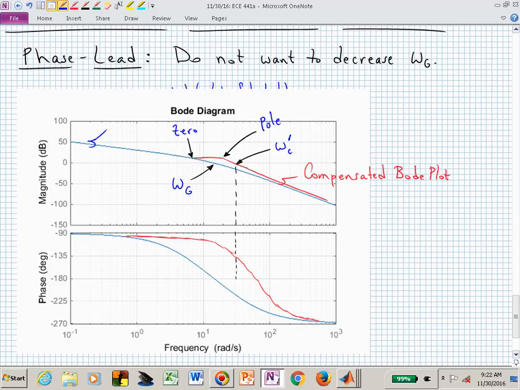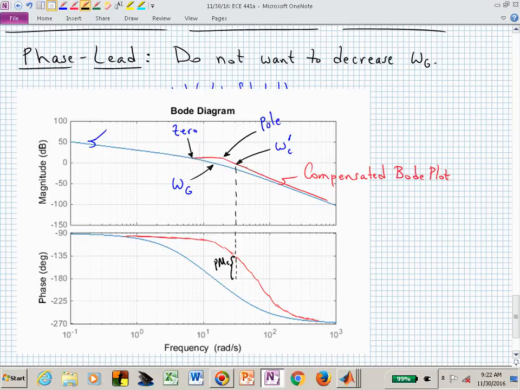And now do you see what our phase margin is in the red curve? Now we come down from omega sub c prime, our new crossover frequency, and even though with the uncompensated system we didn't have much phase margin, now we do have some phase margin, and it's at a higher frequency than what the phase lag phase margin was giving us.